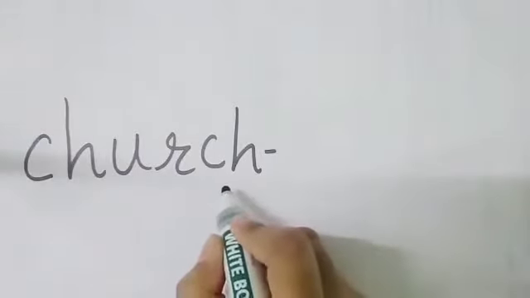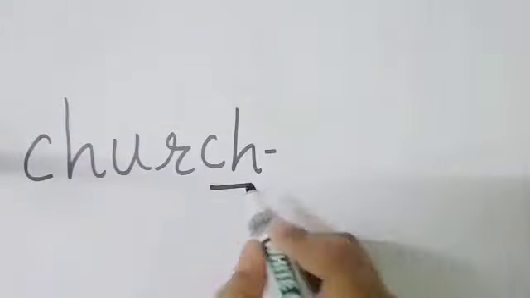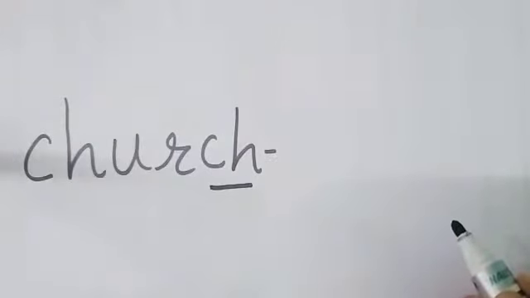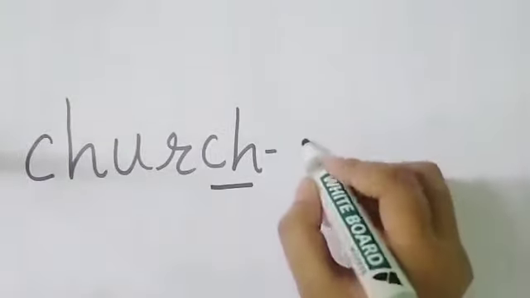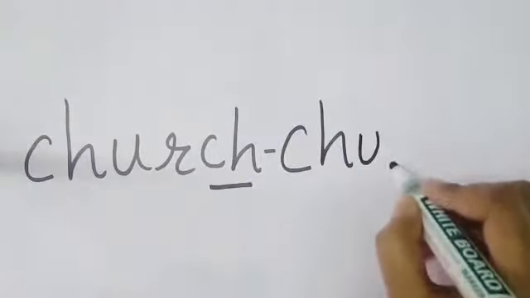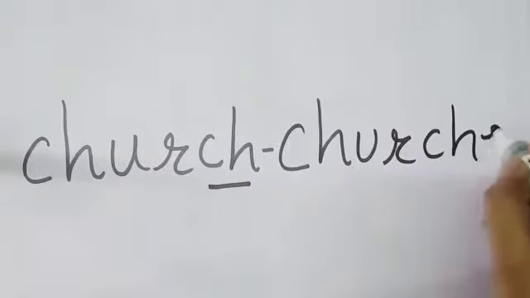Number 5 is church. We'll see how we change the singular noun church into a plural form. Children, as you can see, the spelling of church ends with CH. When a spelling ends with CH, you are going to add ES at the end to make it a plural noun. So church will be churches.